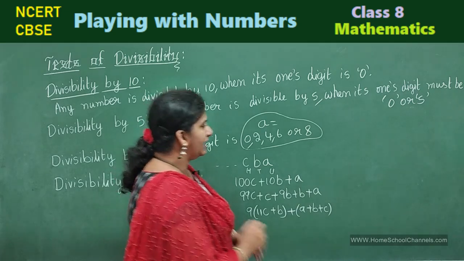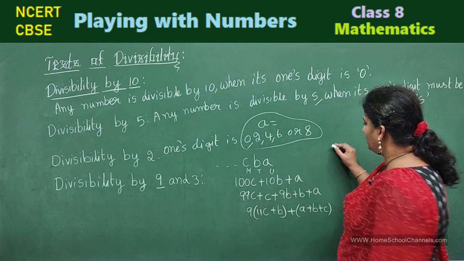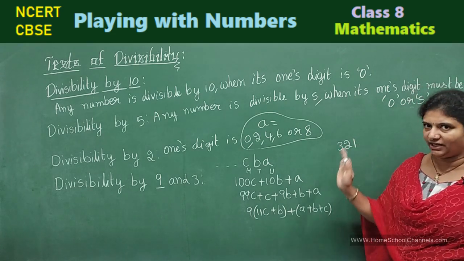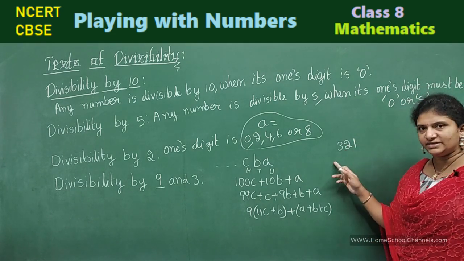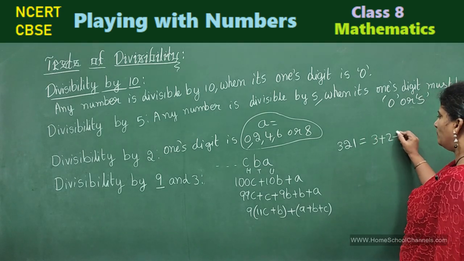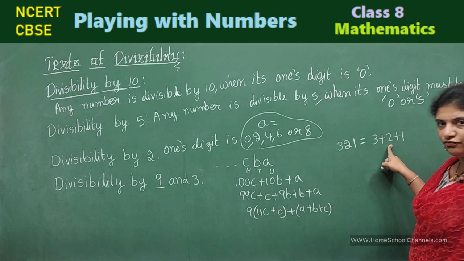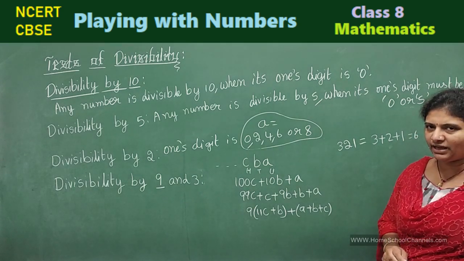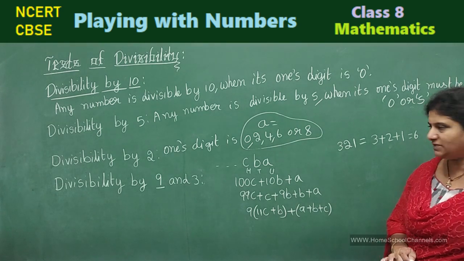Suppose let me take any number here, 321, a 3-digit number. Add the digits: 3 plus 2 plus 1. 3 plus 2, 5. 5 plus 1 is 6. Is it divisible by 9? No, it is not divisible.